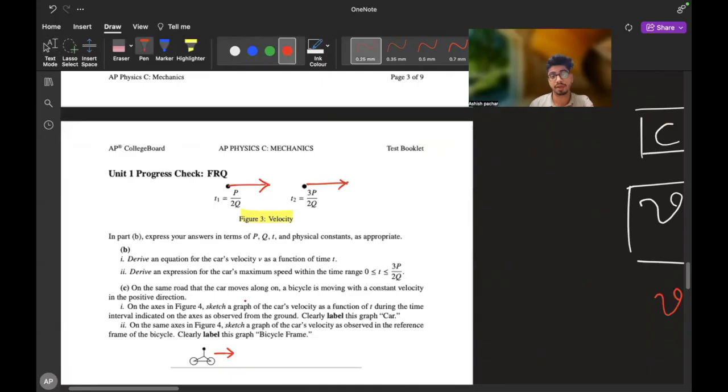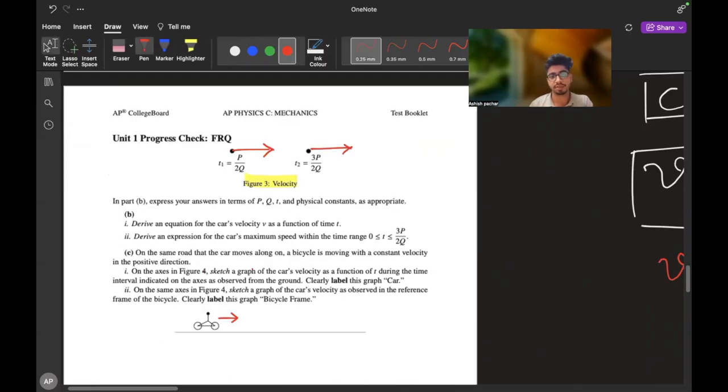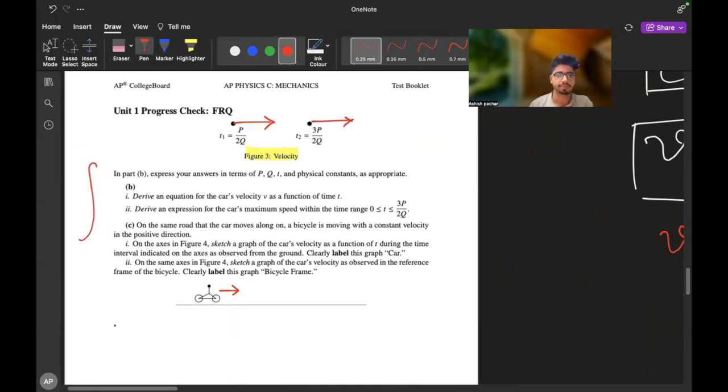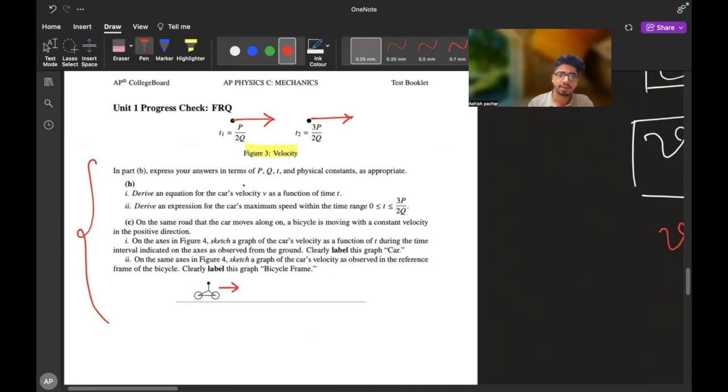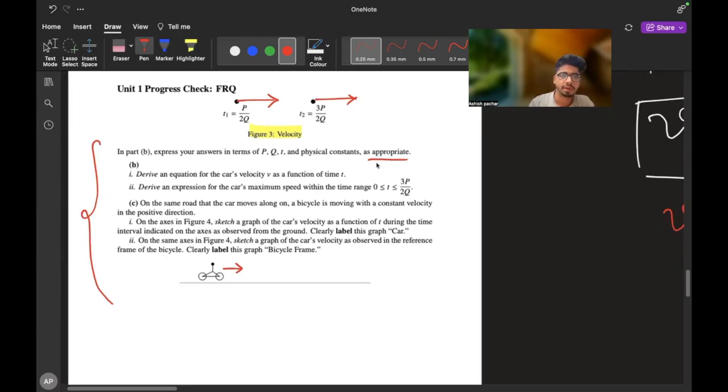If you haven't tried till now, please try it, and then let's move to the B part of the question. In the B part, express the answer in terms of capital P and capital Q, as appropriate. Derive an equation for the velocity of the car as a function of time, which we have already done.